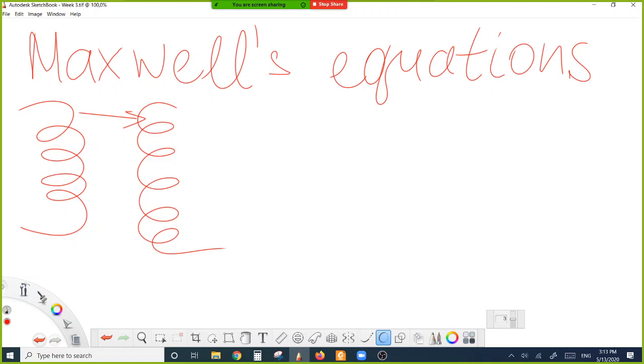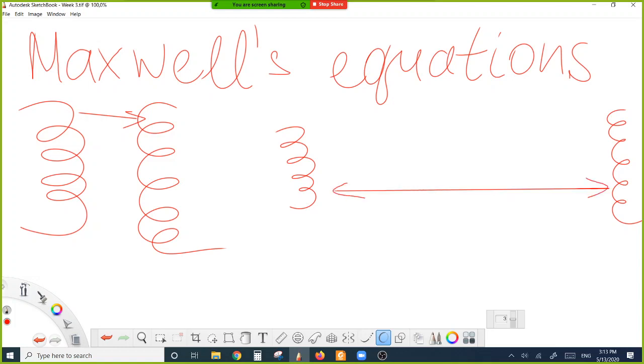If we put two loops, okay, this is first loop and this is, for example, second loop, very far from each other, it is obvious that energy from the first loop reaches the second loop in some time.